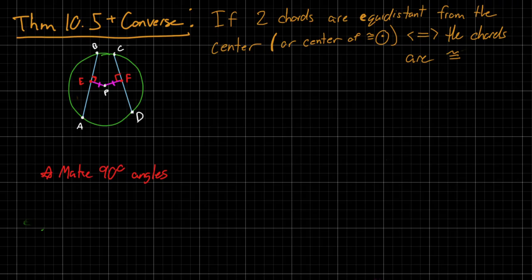So my theorem is saying that if EP, so that pink line, is congruent to the other pink line, so FP, this is going to tell us, so if and only if, then AB, that chord, will be congruent to CD.